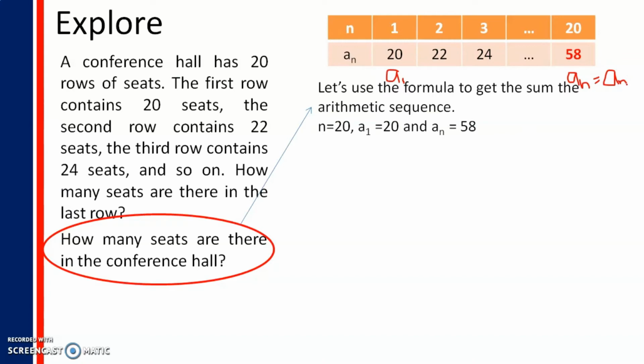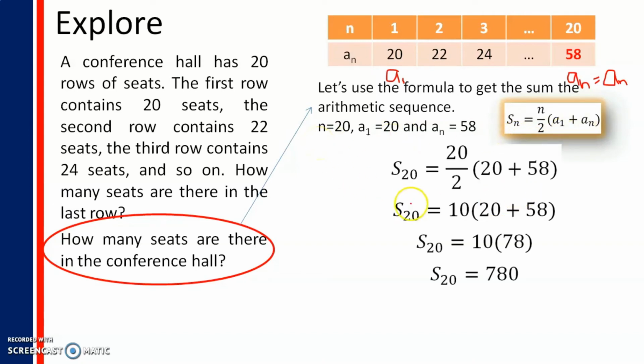Let's use the formula to get the sum of the arithmetic sequence. Our formula, again, is the sum of all terms is equal to the number of terms over 2 times the quantity of the sum of the first term and the last term. We are looking for the sum of the seats inside the conference hall that has 20 rows.